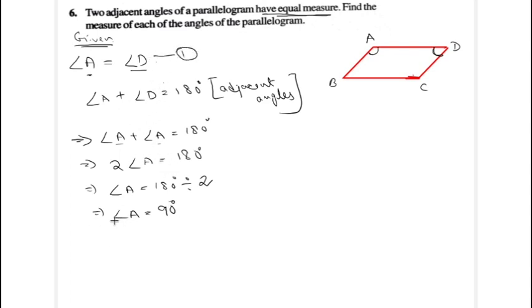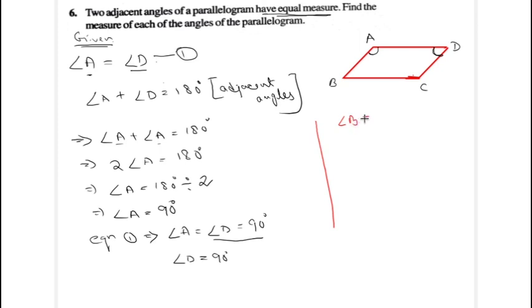If we name it equation 1, from equation 1 we get that angle A equals angle D, which is also 90 degrees. Now we are left with angle B and angle C. Angle B equals angle D because they are opposite angles of a parallelogram, so they are equal, which is 90 degrees.